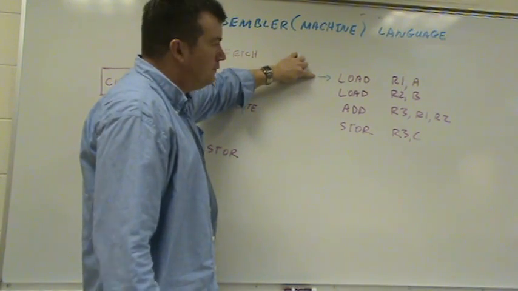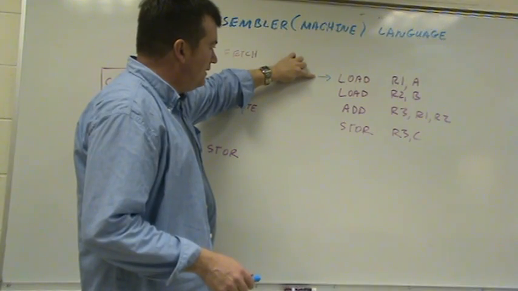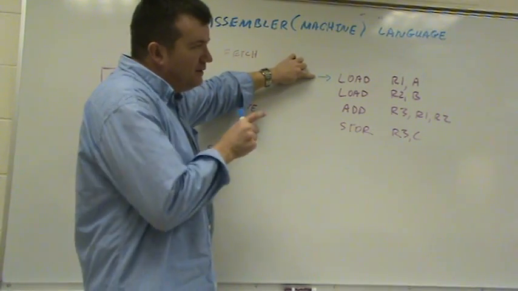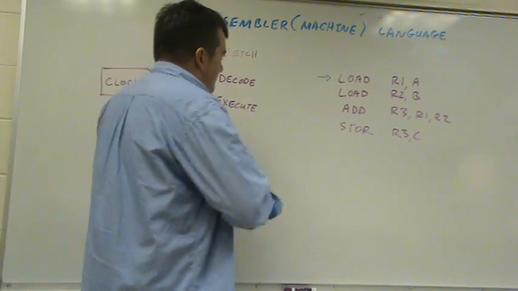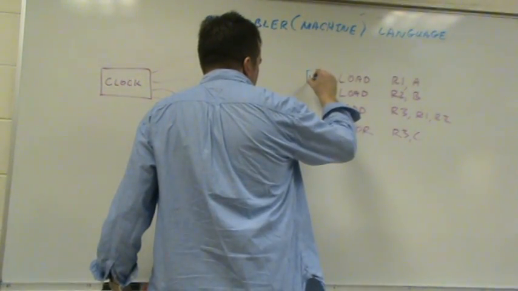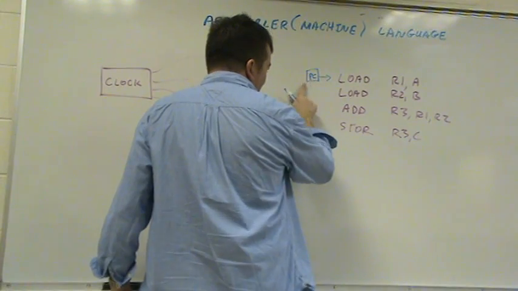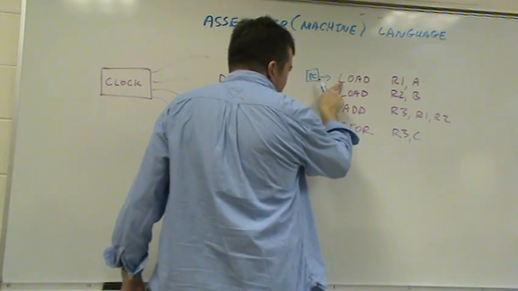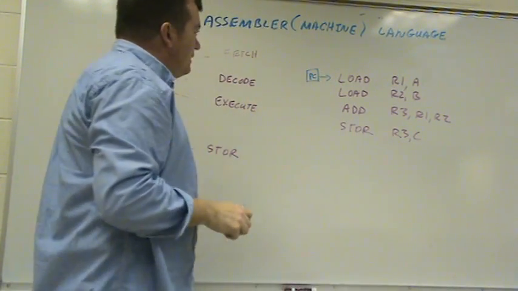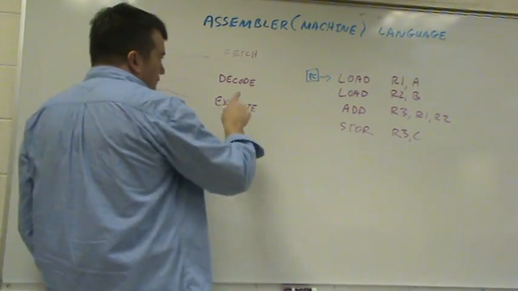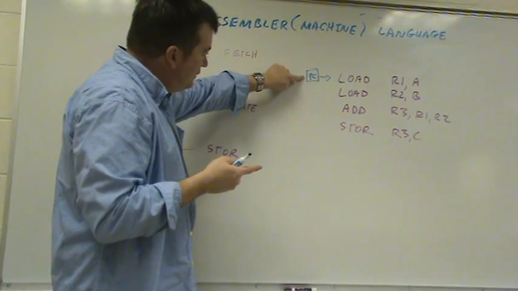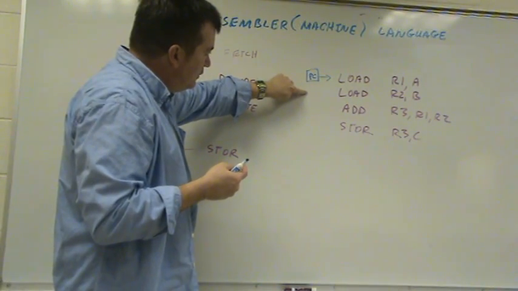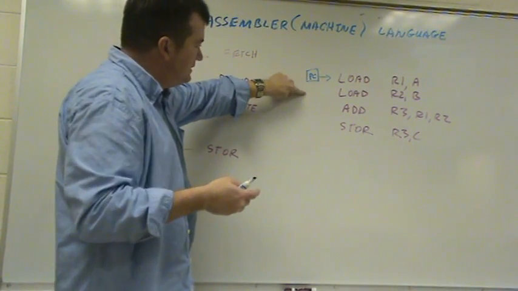The first thing we do is add one instruction size to the program counter. The program counter is a particular register whose contents is the address of this instruction. Now we have to fetch the next instruction. So step 1 is to add 1 unit to the program counter, which means the next instruction.